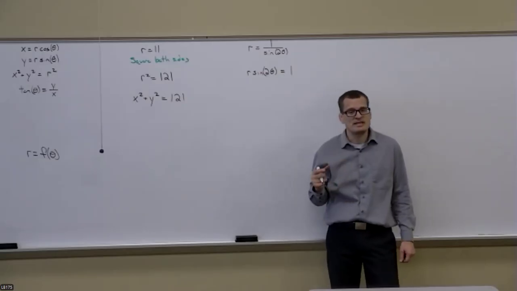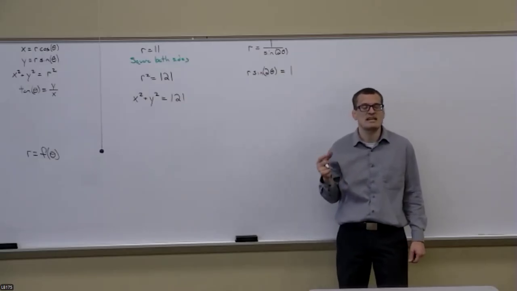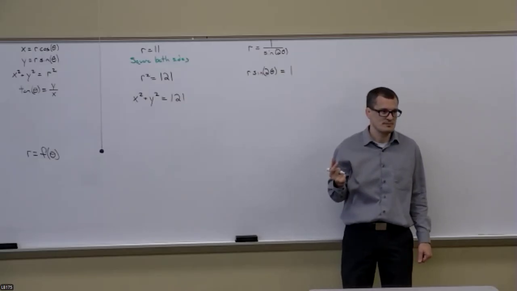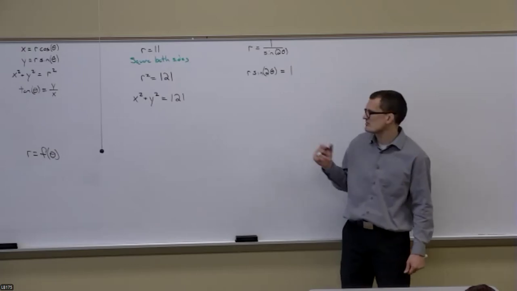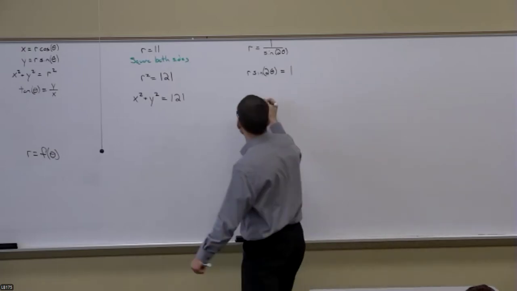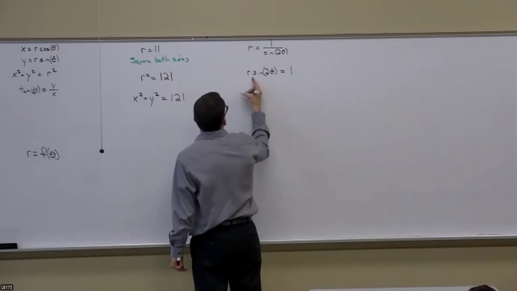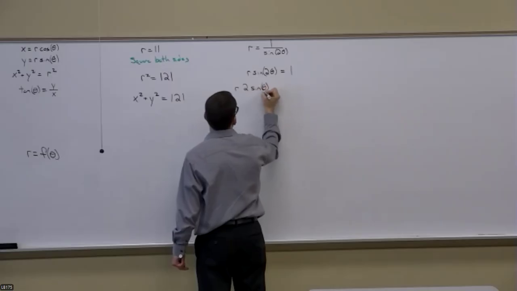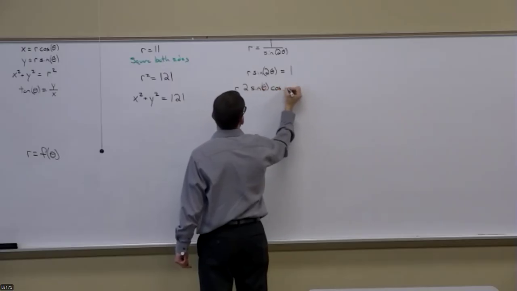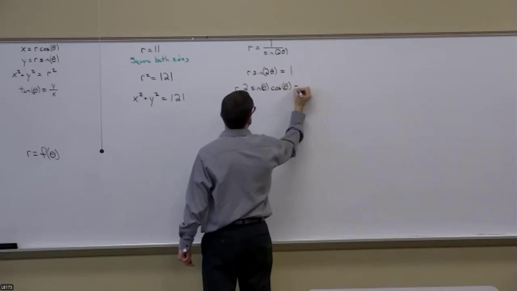Now this gives me a slight problem. I could apply some trig identities, so let's go ahead and do that. Let's apply a trig identity. Sine of 2 theta is 2 times sine of theta times cosine of theta.